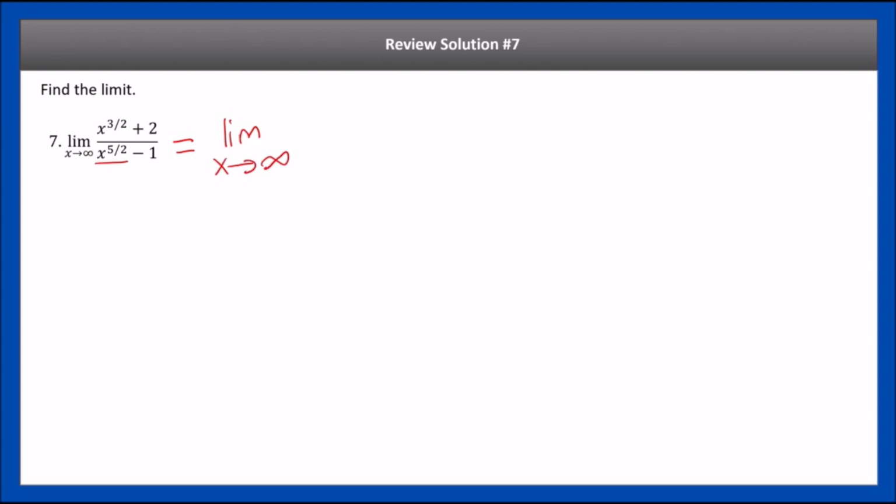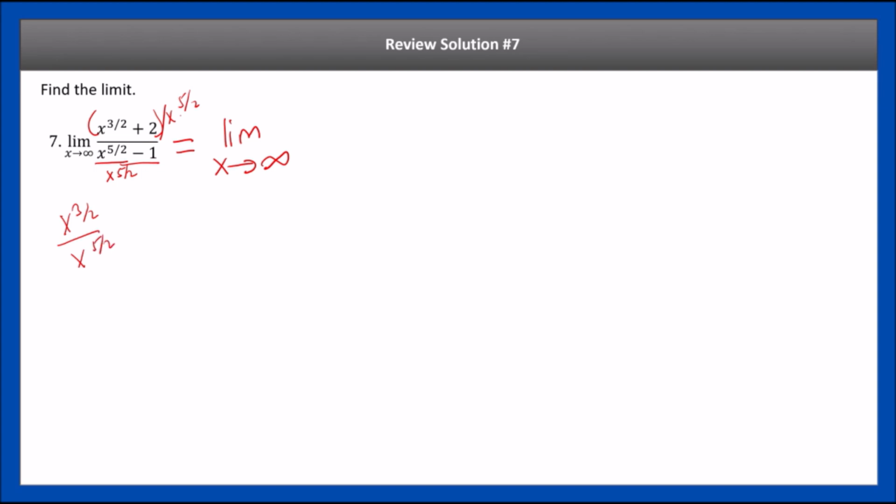We're going to divide by x to the 5 halves for the top and the bottom as well, okay? So we'll divide this by x to the 5 halves as well. Sorry, this would be a division sign there. All right, so we've got x to the 3 halves over x to the 5 halves.